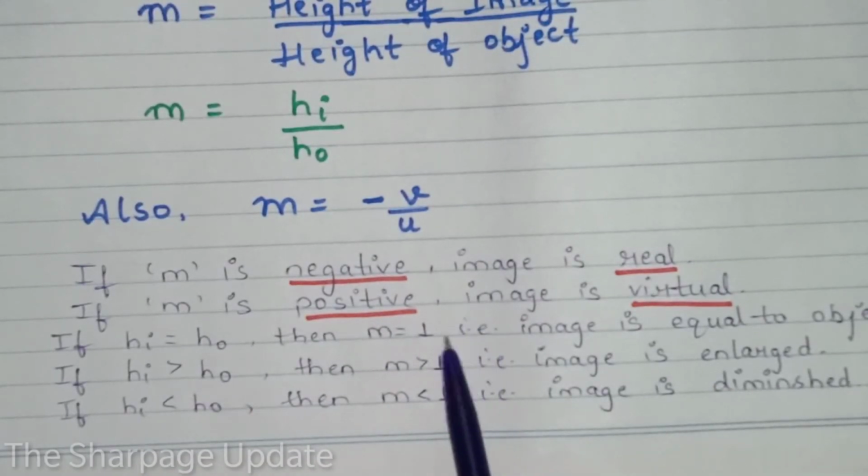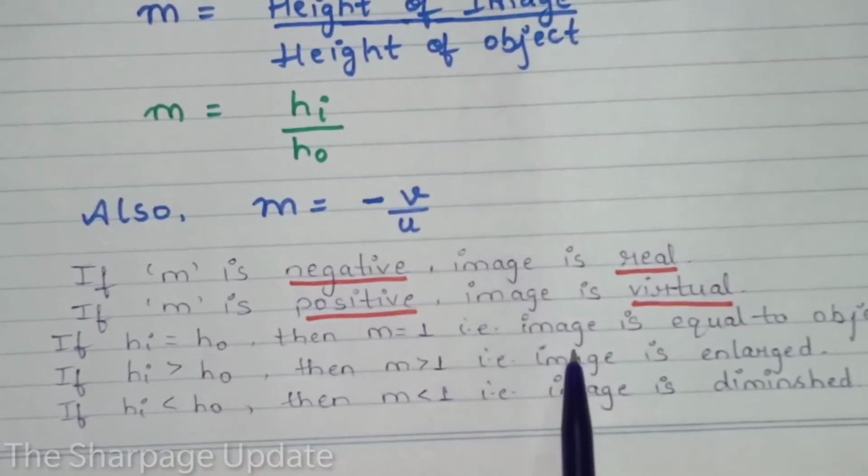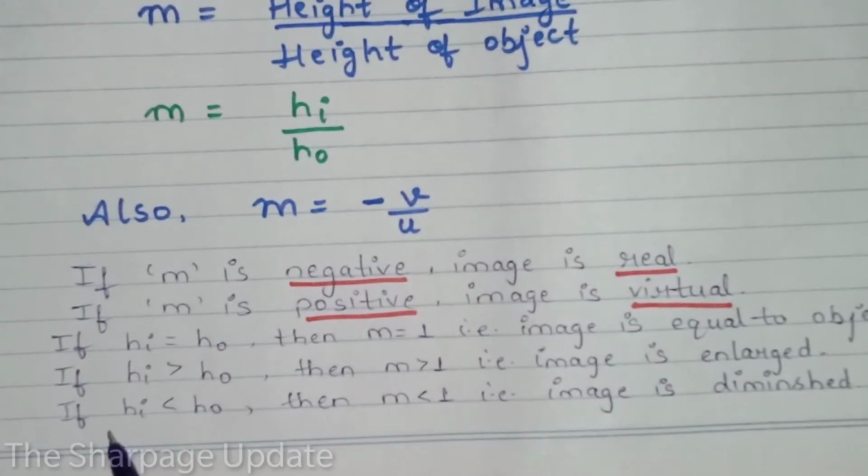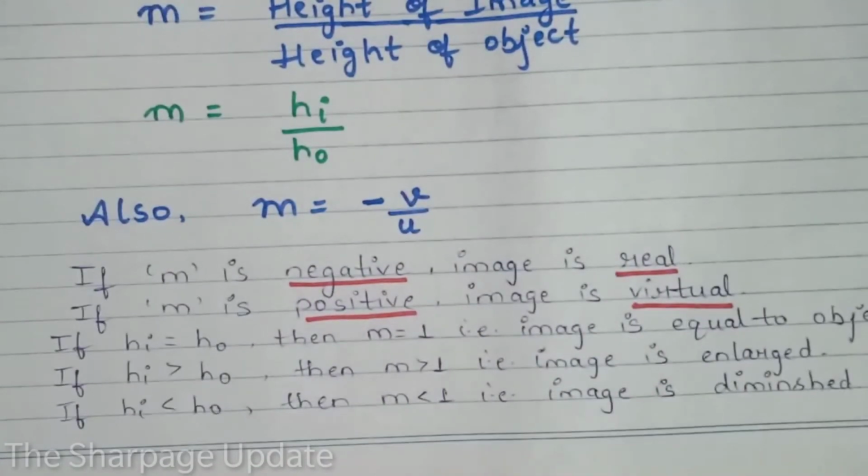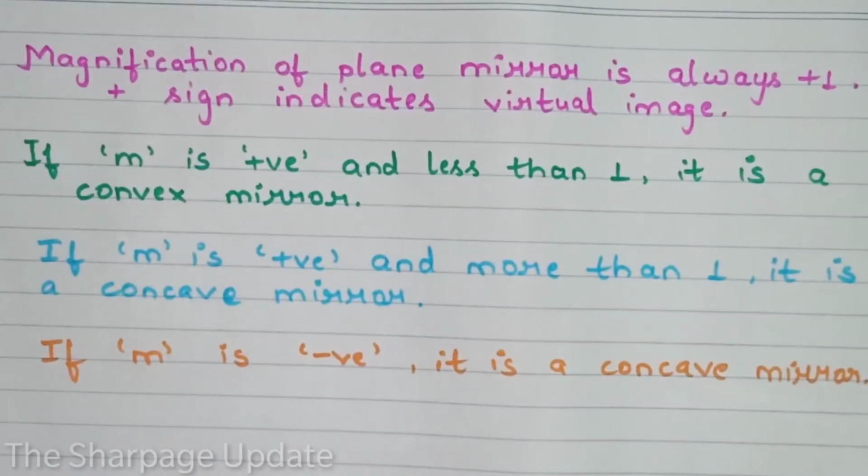That means image is equal to object, and if hi, the height of image, is greater than the height of object, then m is greater than 1, meaning the image is enlarged. And if hi is smaller than the height of object, then m is less than 1, meaning the image is smaller. Dear students, these are some points about magnification.